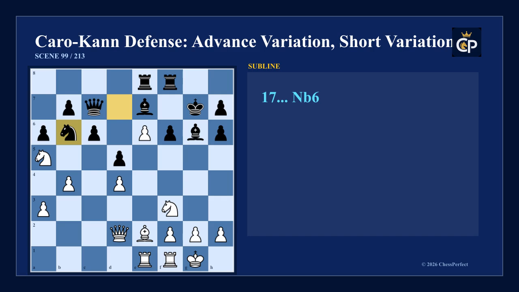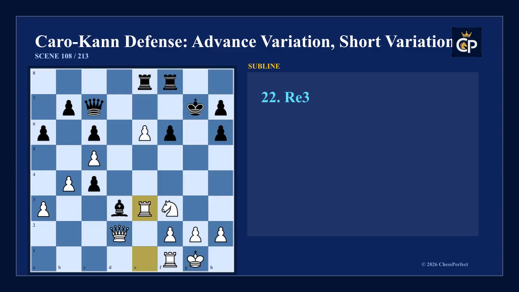Knight b6, knight b3, knight c4, bishop takes c4, d takes c4, knight c5, bishop takes c5, d takes c5, bishop d3, rook e3, bishop takes f1, king takes f1, king h8, queen d4.